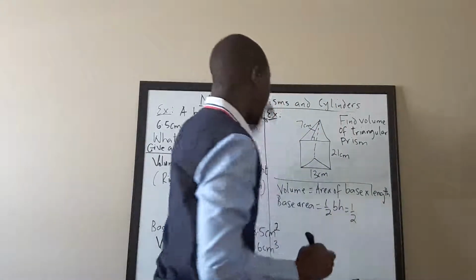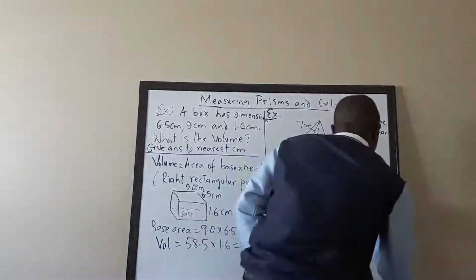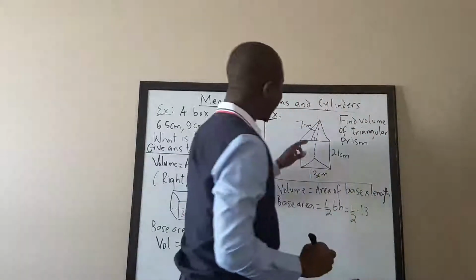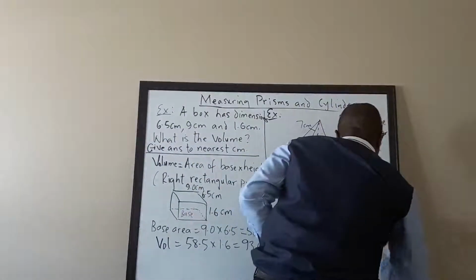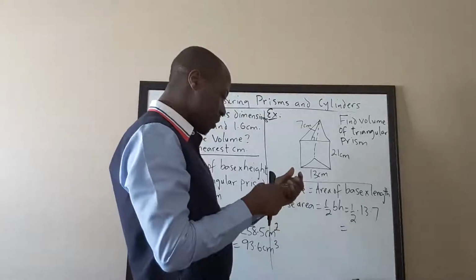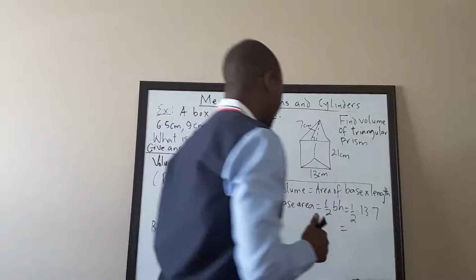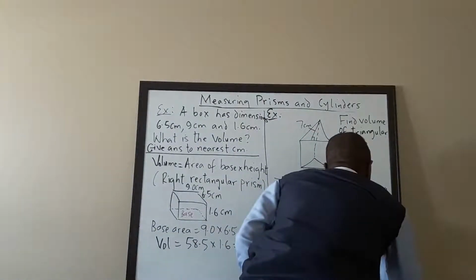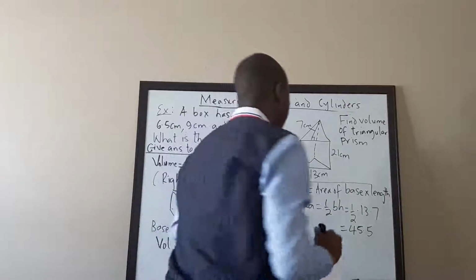So half times, the base is 13, and the height is shown right here, it's 7. So 13 times 7 over 2, 45.5. So the base area is centimeters squared.